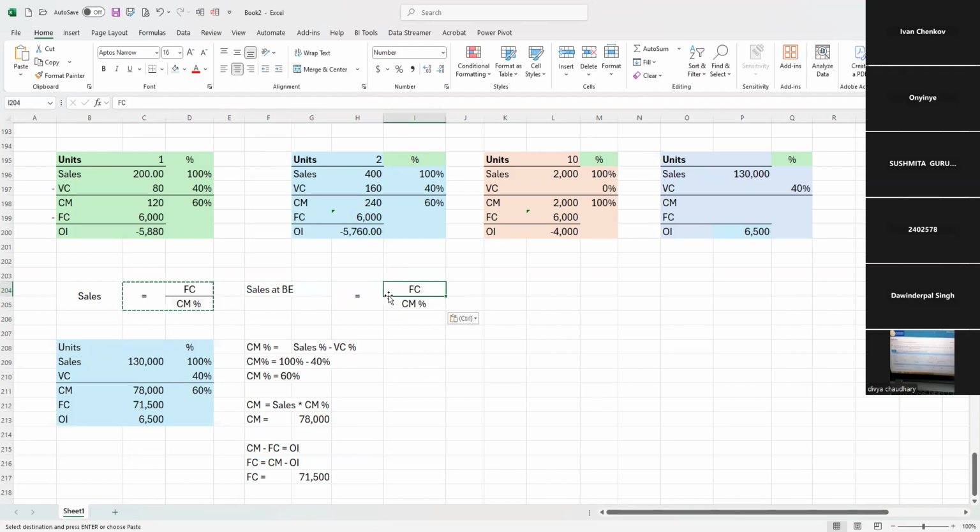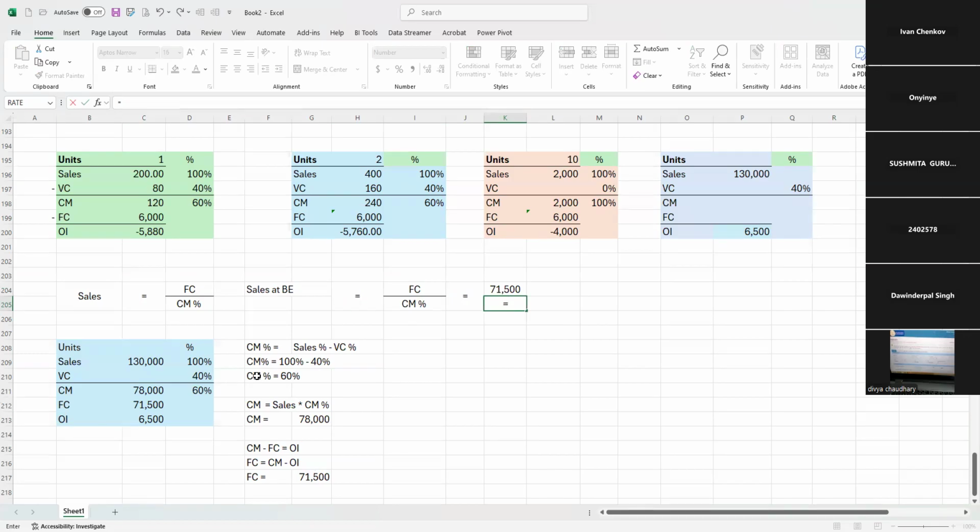My fixed cost now is 71,500, and my contribution margin percentage we already calculated, 60%, or 0.6. This one divided by that one will give you the sales at the break-even point, whatever number you get.